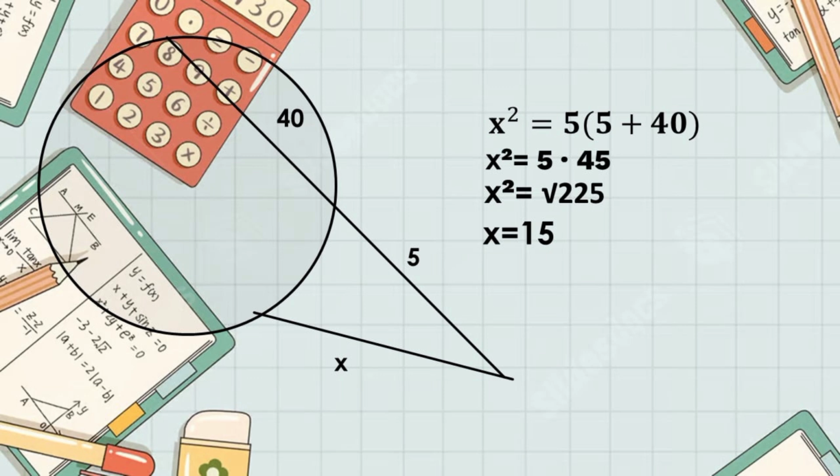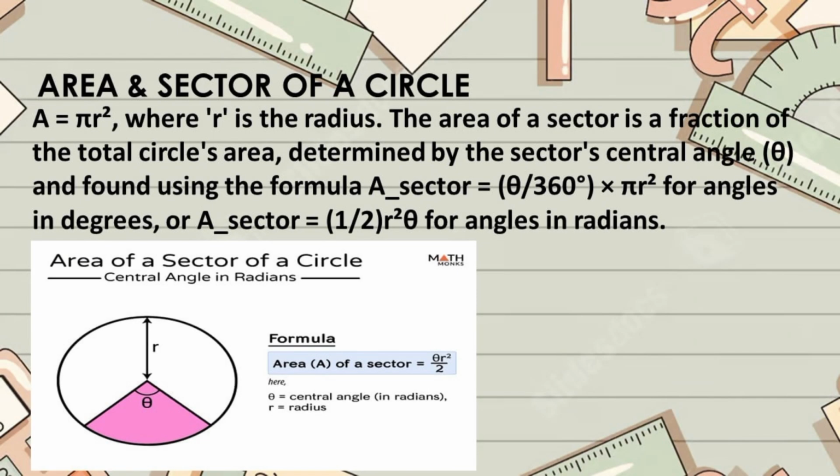So let's find out the last one, the last way to find the circle's length. This is area and sector of a circle. Area equals pi r squared, where r is the radius.